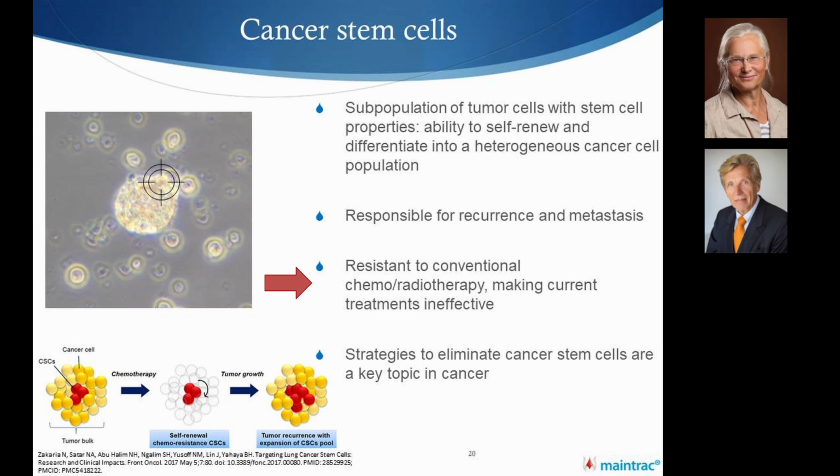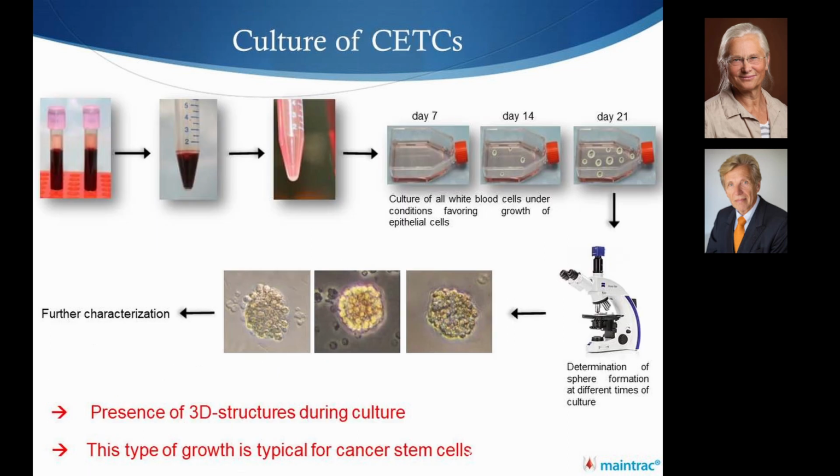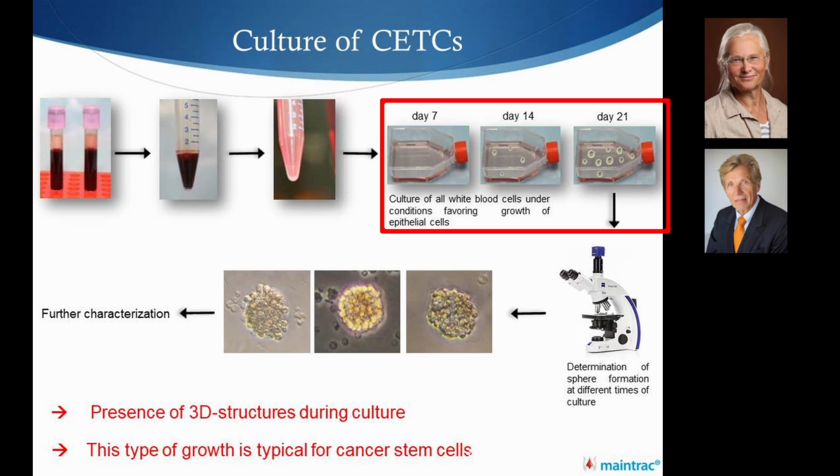Following the determination of the cancer stem cells, we can, for the first time, develop strategies to eliminate them. How do we proceed to grow these cancer stem cells? We do the same as we did for analyzing the circulating epithelial cells, but then we culture these cells from the sediment in culture tubes together with the white blood cells.